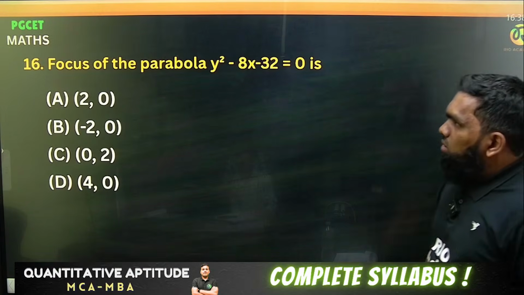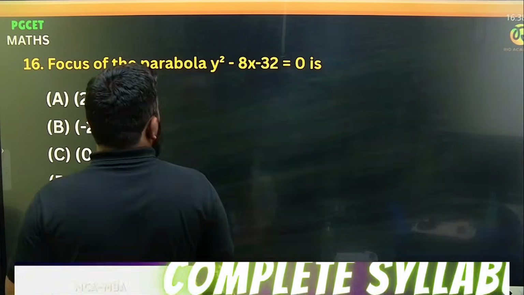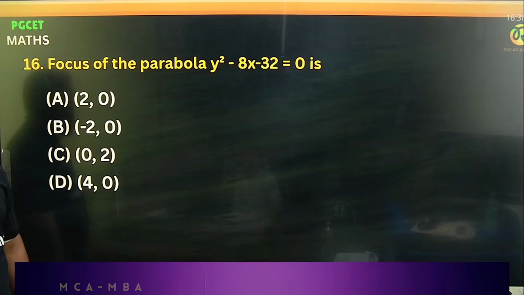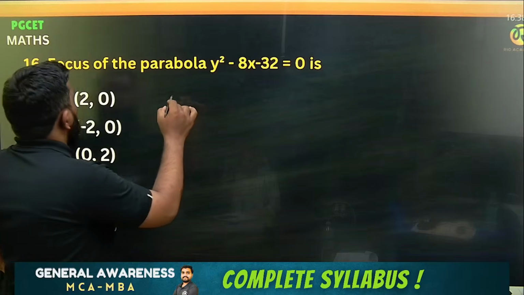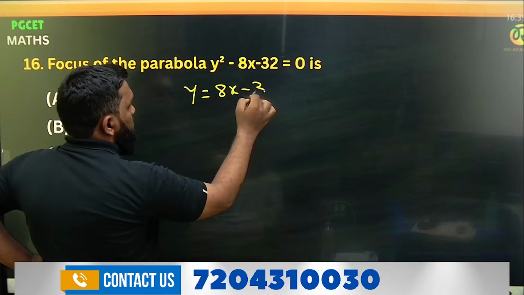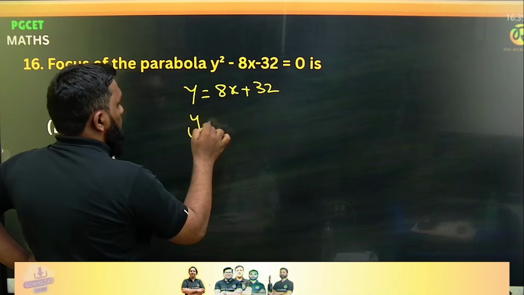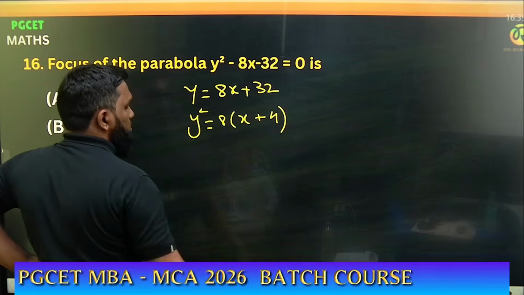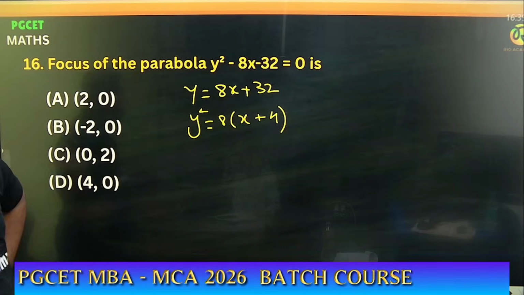Next, tell me. Focus of the parabola y square minus 8x minus 32. Parabola, sir. See here. y square is equal to 8x plus 32, we can take 8 into x plus 4.